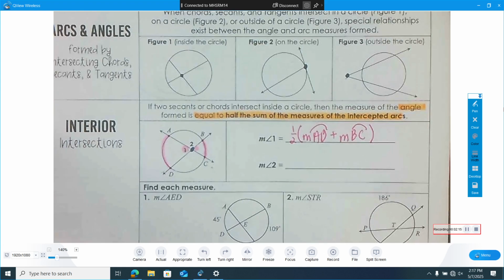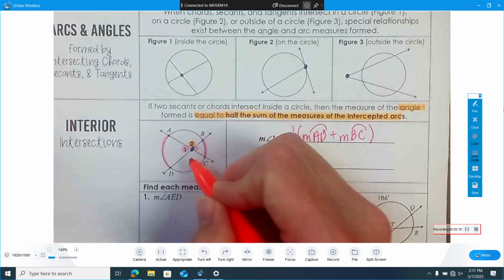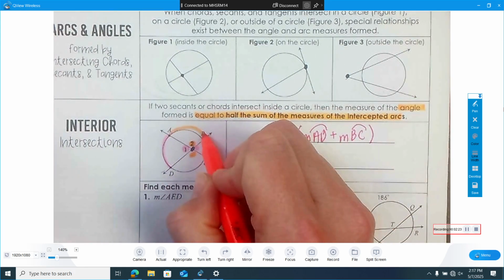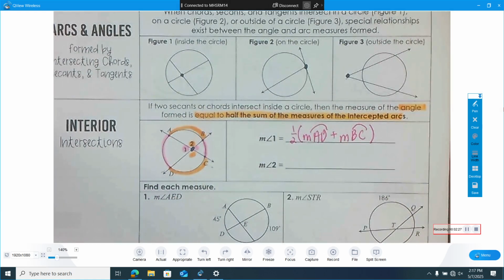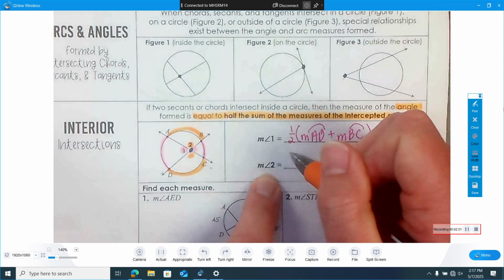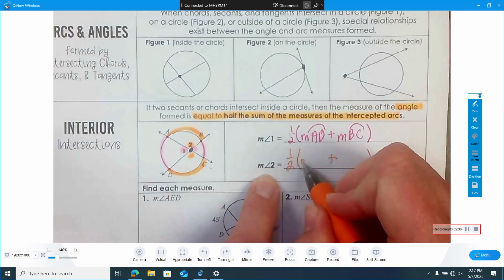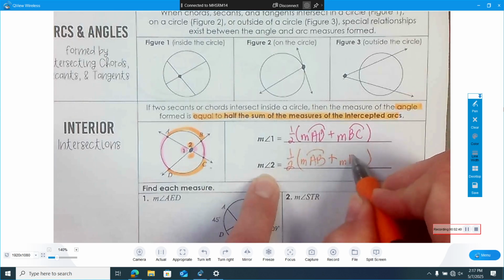So angle 2, again, there's angle 2, but we have to consider its vertical angle friend. It intercepts arc AB and arc DC. So if I want to find the measure of angle 2, it's going to be half the sum of arc AB plus the measure of arc DC.